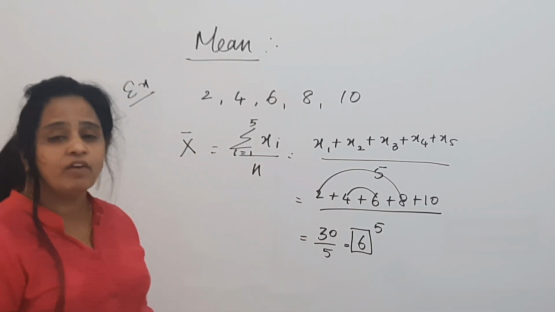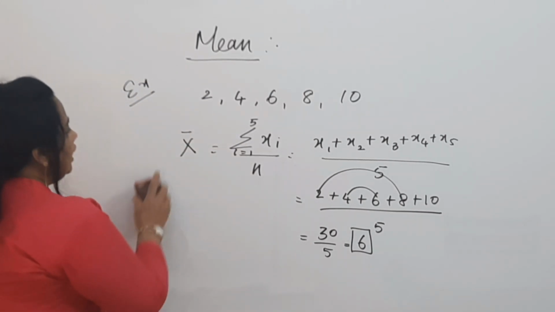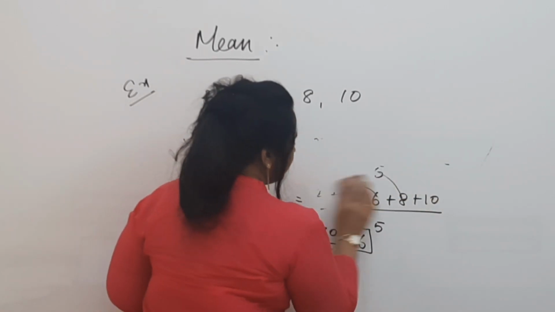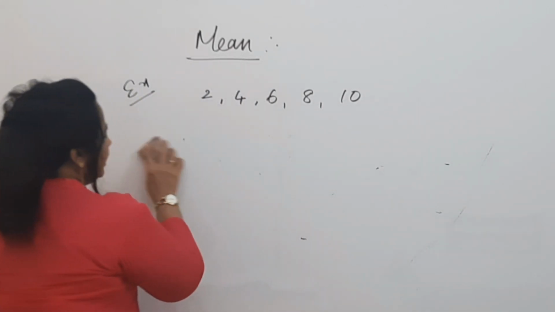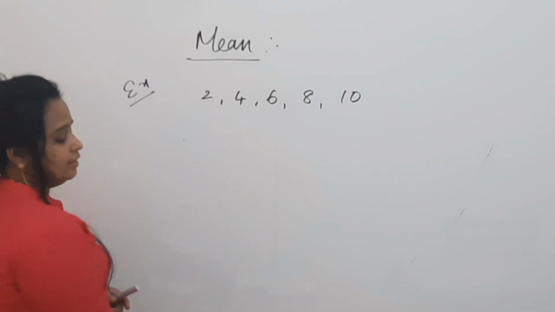Now we go for finding the median. How do we find the median? Let me find the median for this data. This data is already arranged in ascending order, so finding the median is easier. Why?